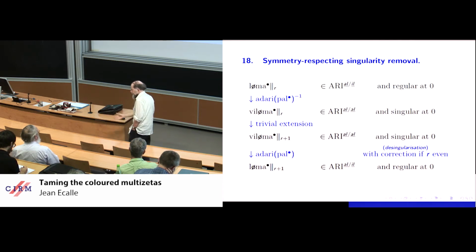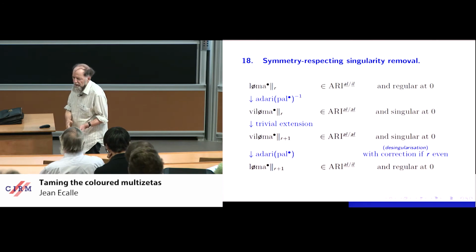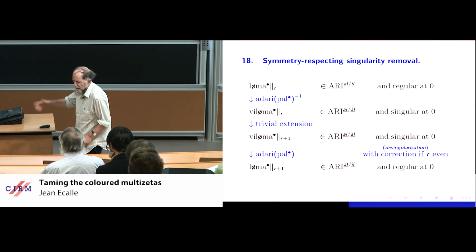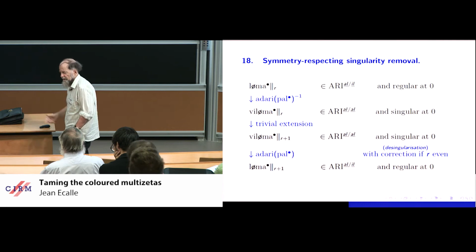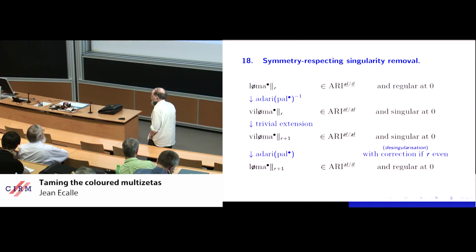You start from alternal slash alternil, you go to alternal slash alternal via the exchanger, and then, depending on the parity of r, you add either 0, which is fine, or a singulate produced in precisely the way I mentioned to compensate it, and then you get to the next step.